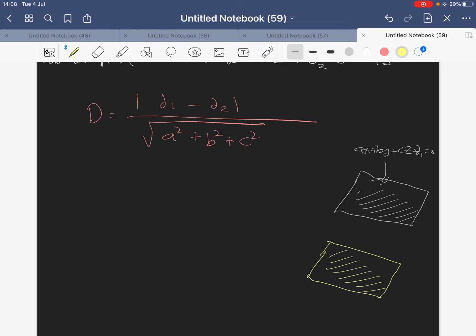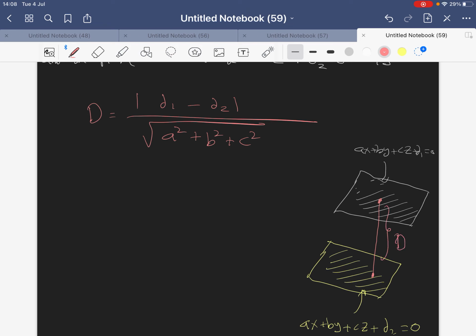And now imagine they are kind of on top of each other. And this is the same equation because they are parallel. The a, b, c are multiples of each other, so I can assume they are the same. But this number d1 will be different, so d2 equal to 0. And then I'm interested to know what is the distance from here to here.